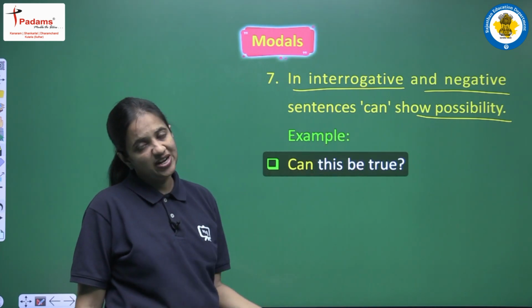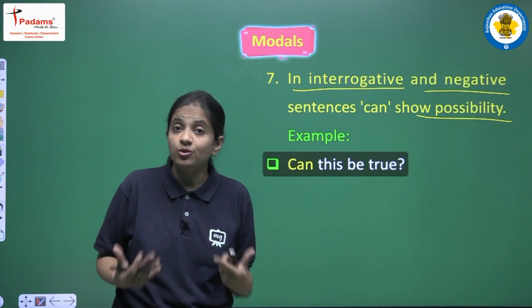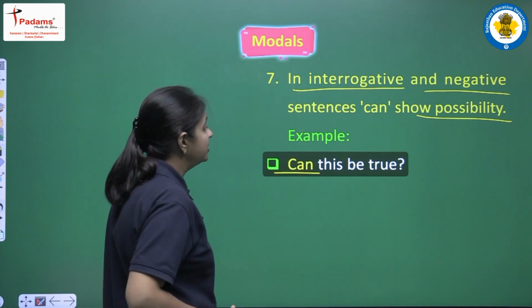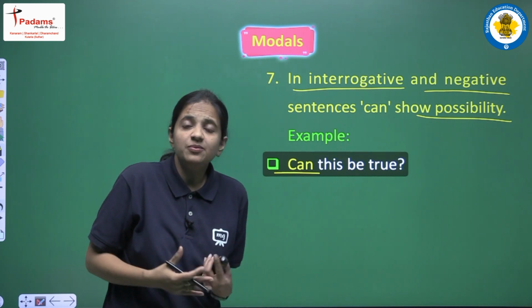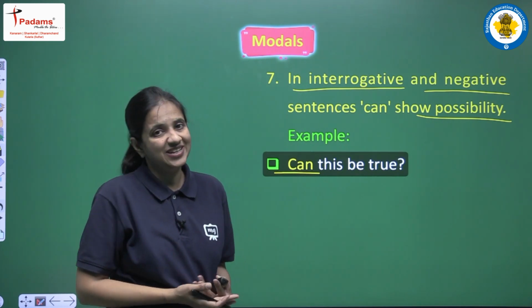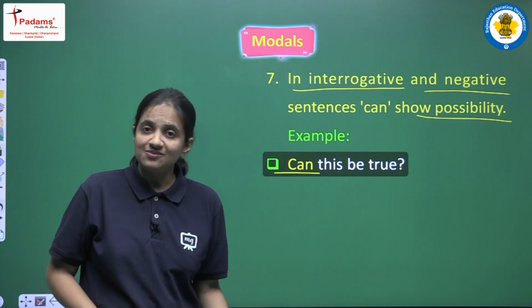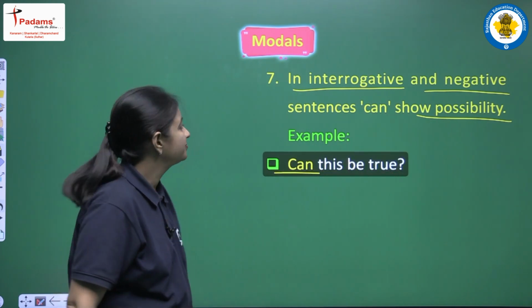This is an interrogative sentence, and in it we do not have any WH word. The sentence starts with can only. So this is showing the possibility, we are asking for the possibility. So in an interrogative or negative sentence, can is used to show possibility.